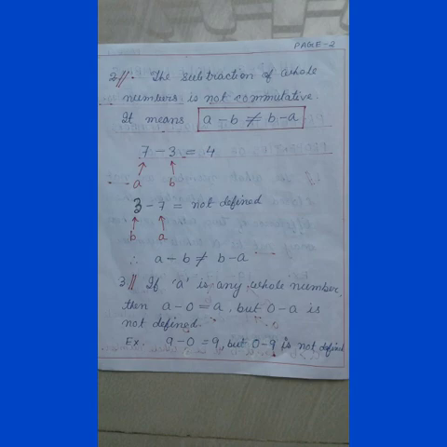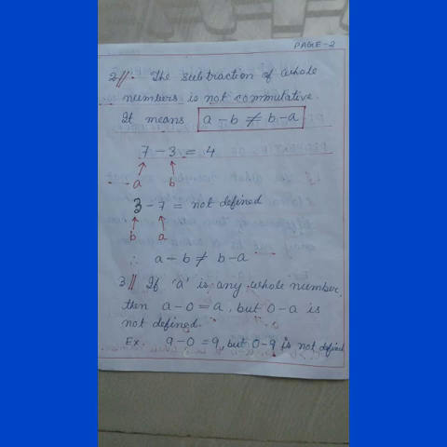Property number 3. If A is any whole number, then A minus 0 is A, but 0 minus A is not defined. So 9 minus 0 is equal to 9, but 0 minus 9 we cannot define because 0 is less than 9.